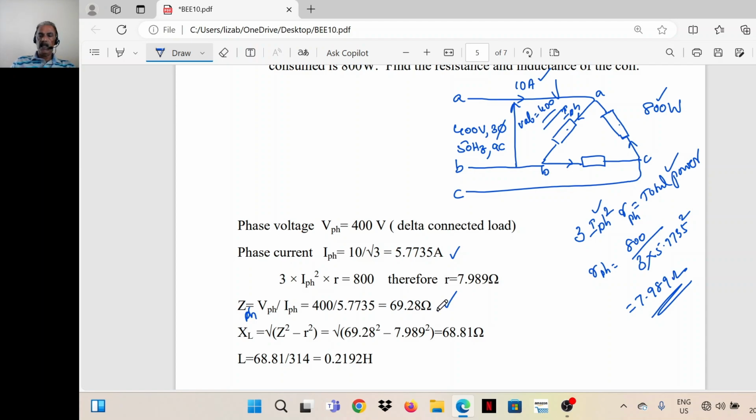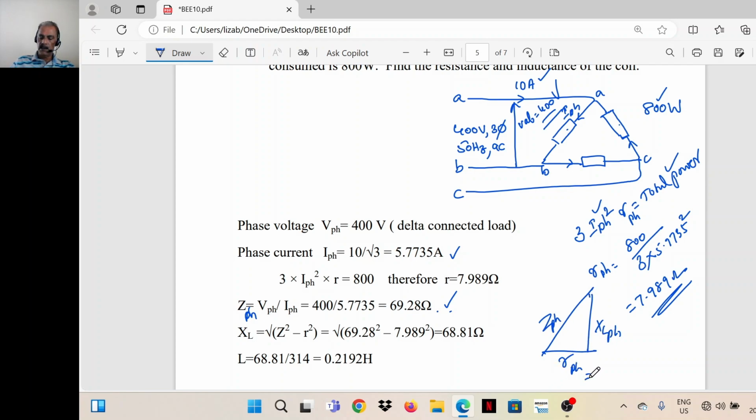So we know the impedance. We know impedance per phase, resistance per phase. You can find the reactance per phase. R phase, XL phase, Z phase. So we know this.